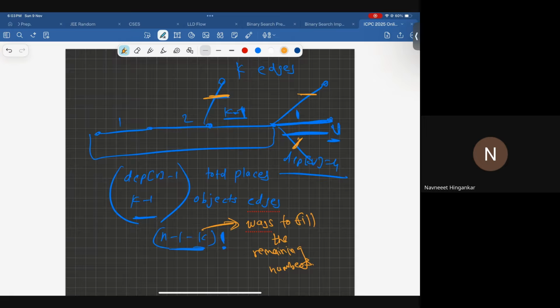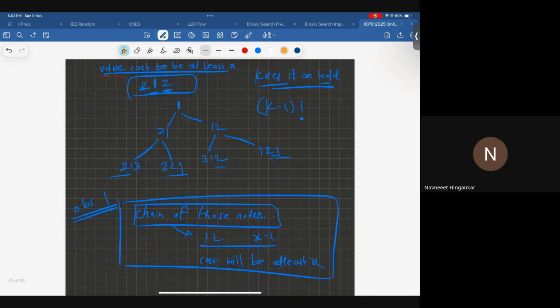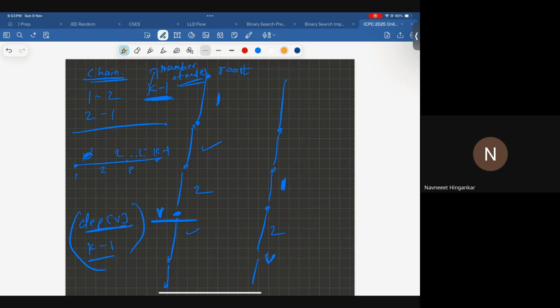Now you need to combine all of these factors, like this, and where is this 2 raised to the power k minus 1. So the total number of chains becomes the valid chains that will force the cost to be at least whatever the n portion is less than or equal to x. There will be 2 raised to the power k minus 1, right?